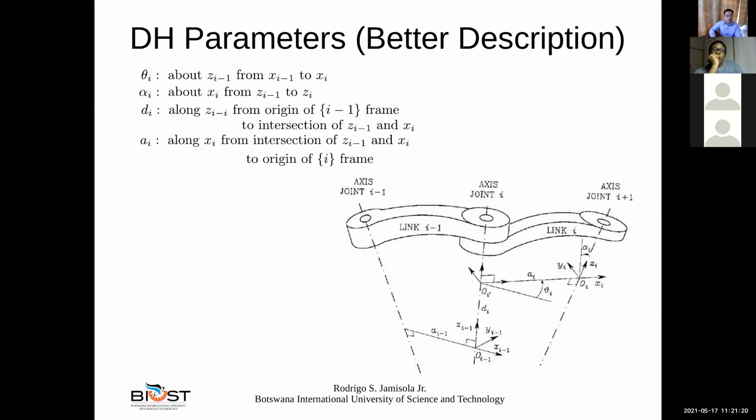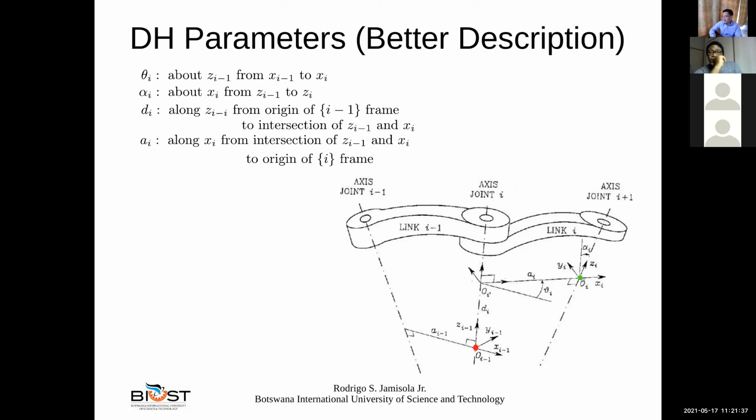First of all, let's draw this. This is the origin of frame i minus 1, and then we're going towards the origin of frame i.